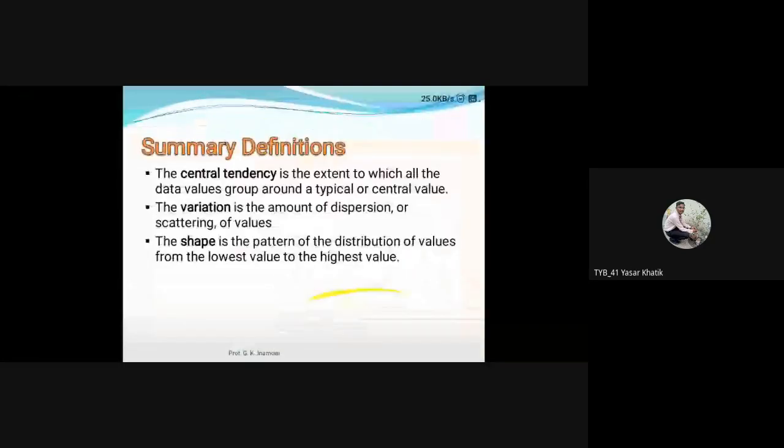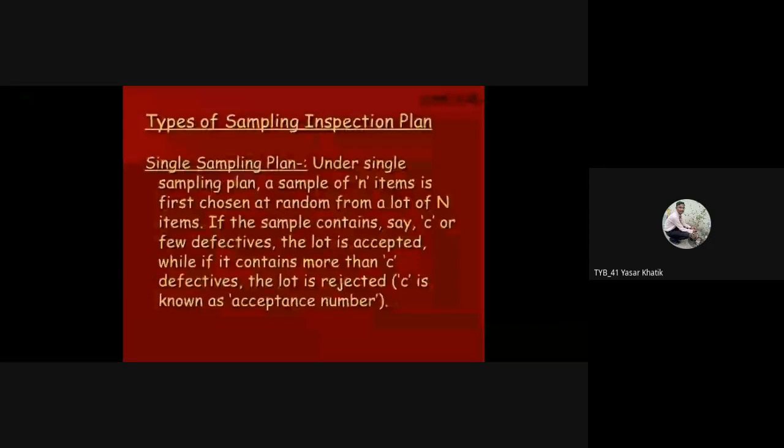Okay, so our next part is acceptance sampling. Sampling is the process of evaluating a portion of the product or material in a lot for the purpose of accepting or rejecting the lot as either conforming or not conforming to the quality specification. Once you get one lot of production, say 50 or 100 products, we have to inspect it.